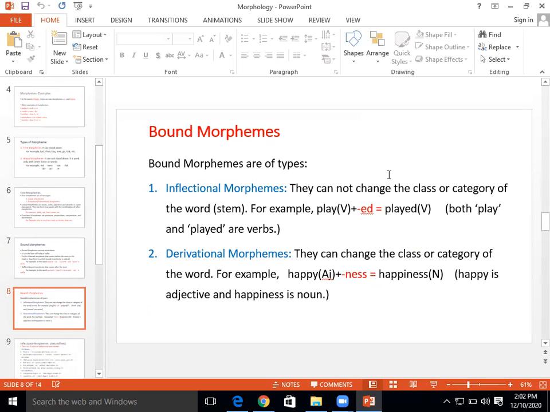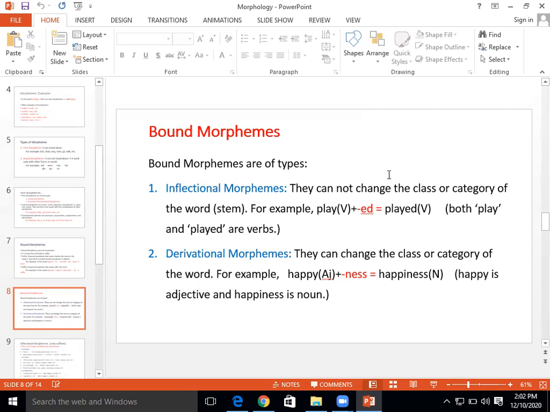Okay. Derivational morphemes can change the class of the category. But sometimes they can also maintain the category, but mostly they change the category or the class of the word. For example, happiness. In the word happiness, happy is an adjective, and ness is a derivational morpheme. When derivational morpheme ness is added to happy, it becomes happiness. But the new word formed, happiness, is not an adjective, it is a noun.